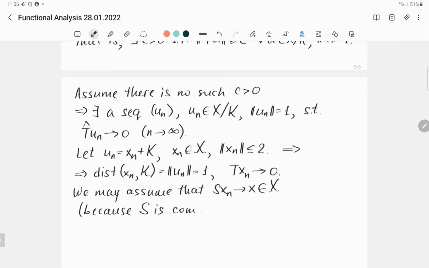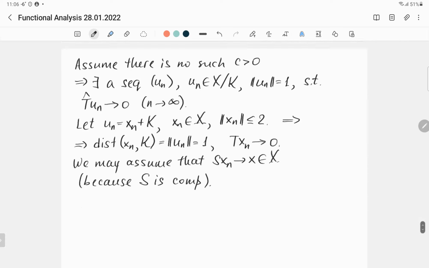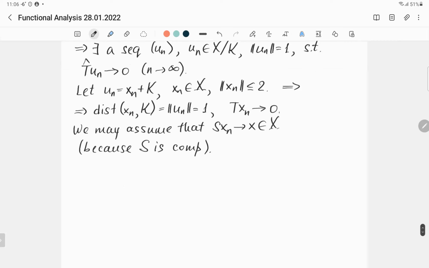If this sequence doesn't converge, then we just choose a convergent subsequence. Well, Sxn, what is this? This is xn minus Txn. So xn minus Txn converges to x. But we already know that Txn converges to 0. And so this implies that xn converges to x.